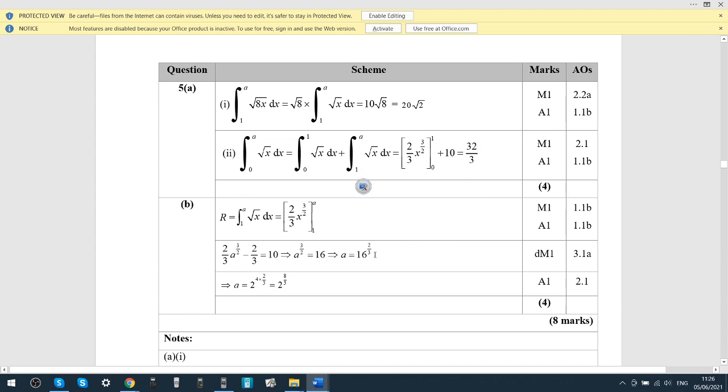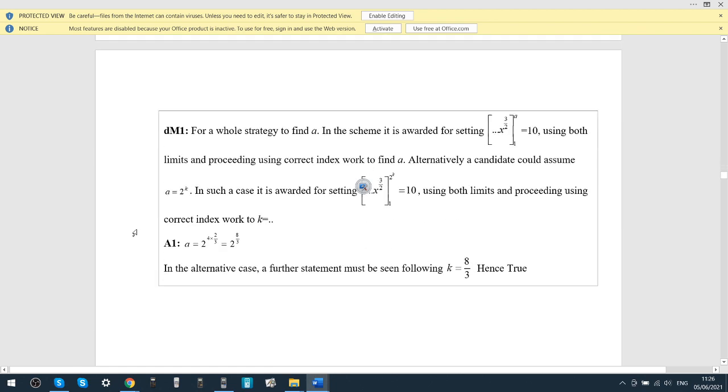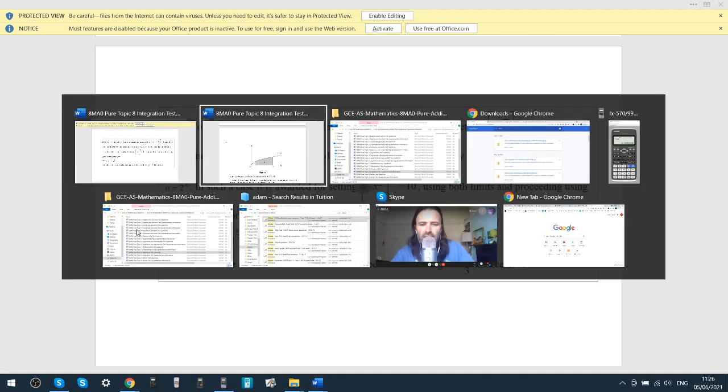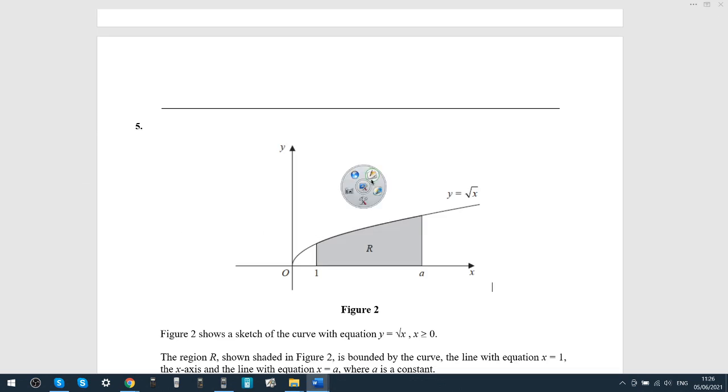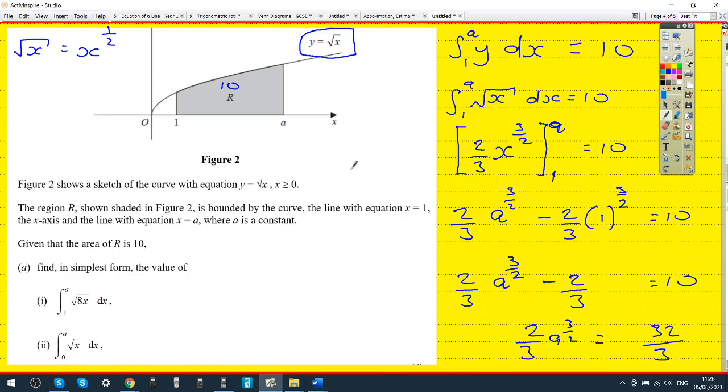So A is 2 to the 8/3. It's the same thing. All right, it is correct. It's the same as what we did.